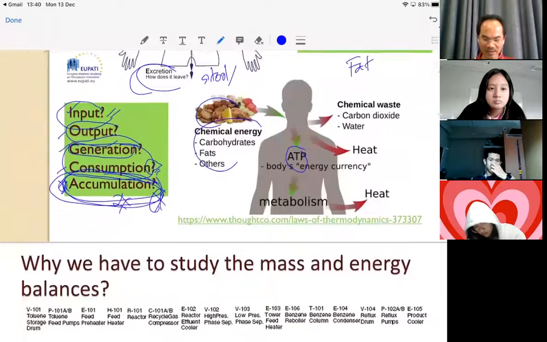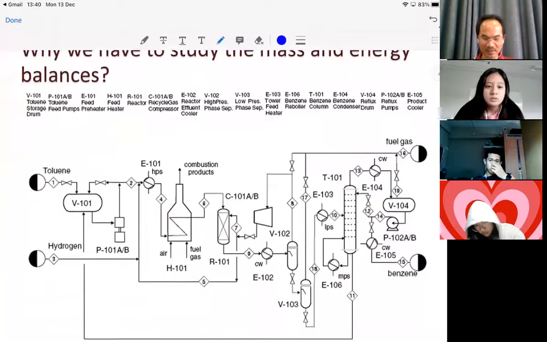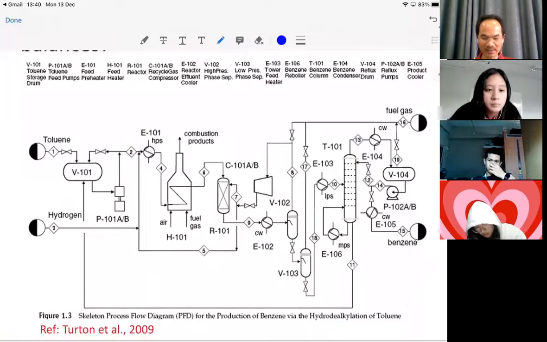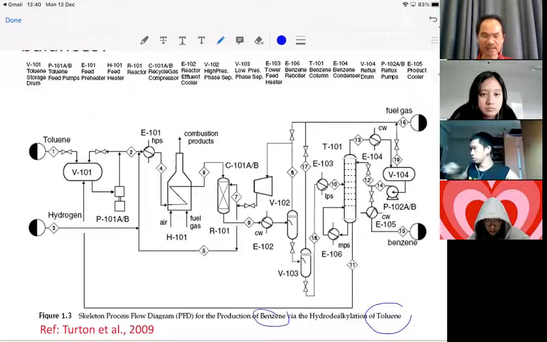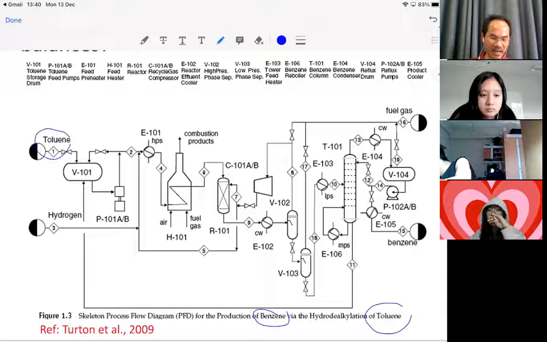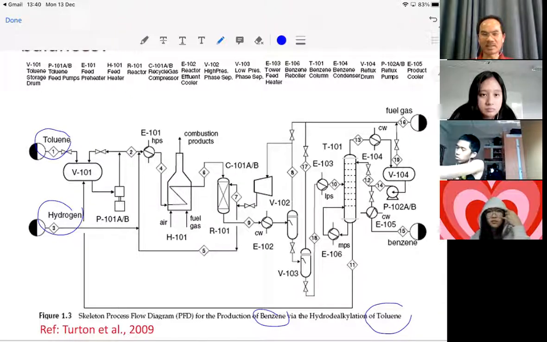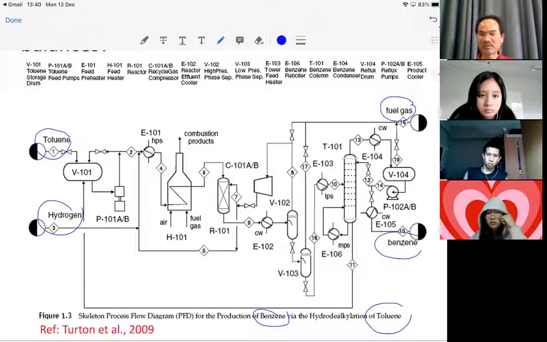Okay. I will show you an example of a petrochemical plant. I show you the technology to produce benzene. We would like to produce benzene from toluene and hydrogen. Toluene and hydrogen are the input material, and benzene and flue gas are the output material.